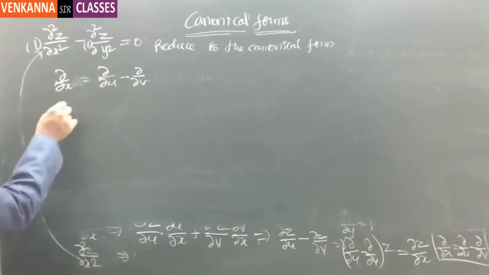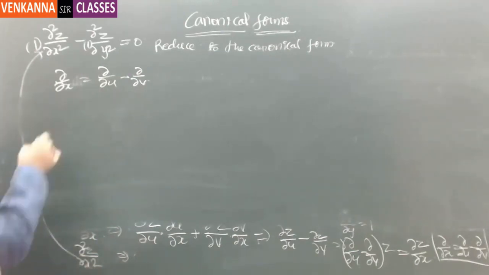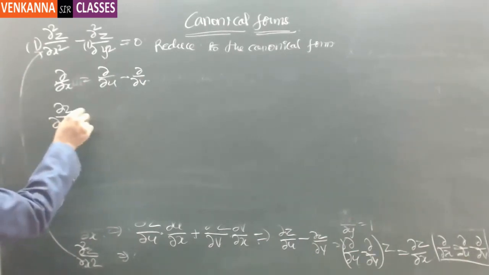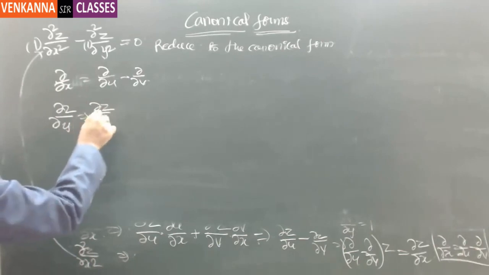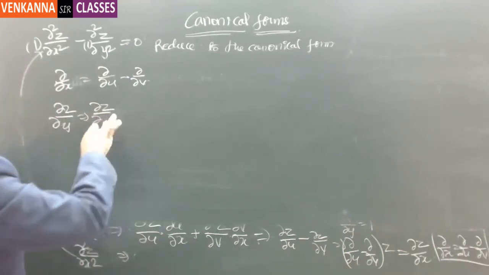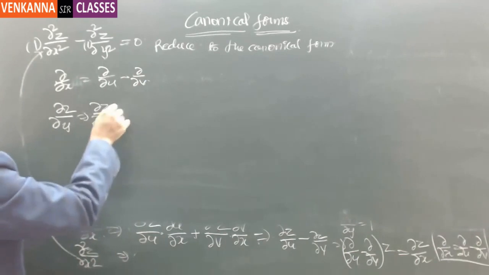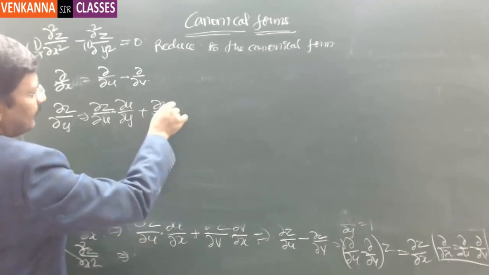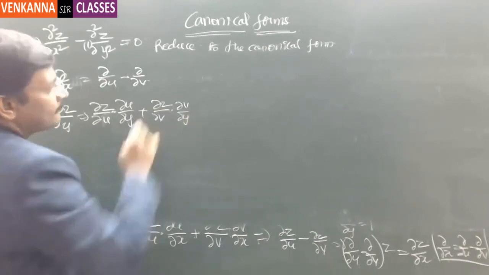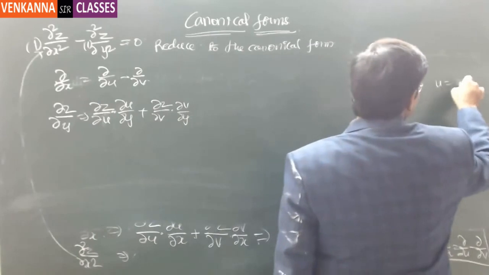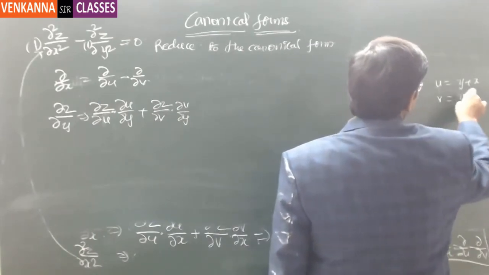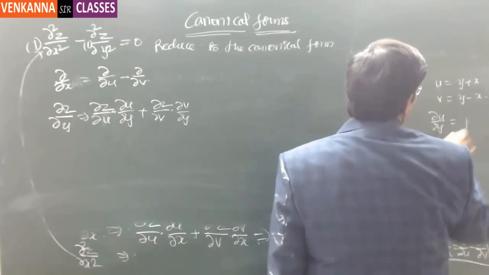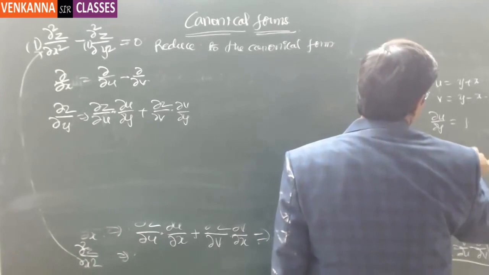And similarly dou by dou y also, if you put it in this particular format, then dou z by dou y is equal to dou z by dou u into dou u by dou y plus dou z by dou v into dou v by dou y. But u is equal to y plus x and v is equal to y minus x. Then dou u by dou y is equal to 1. Dou v by dou y is again 1.